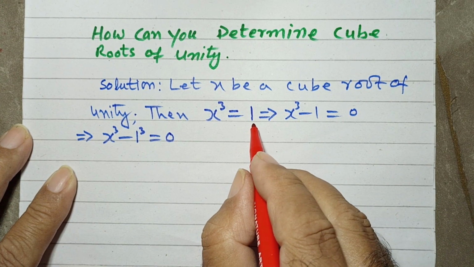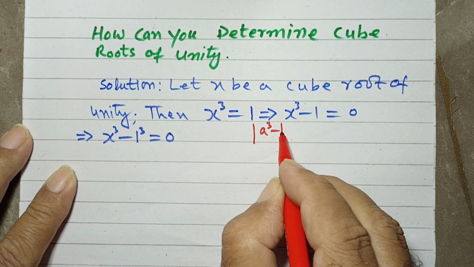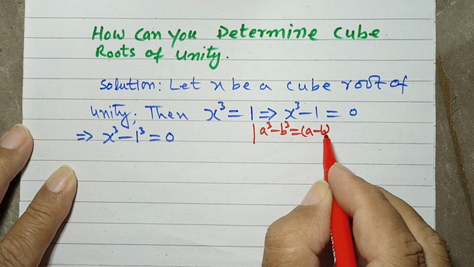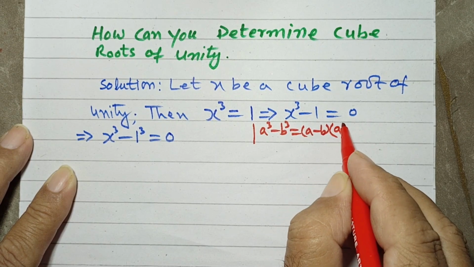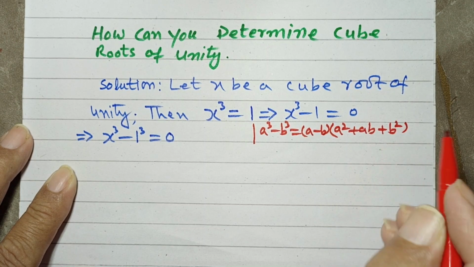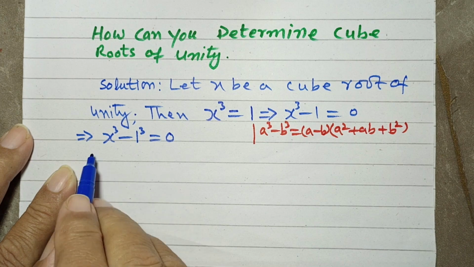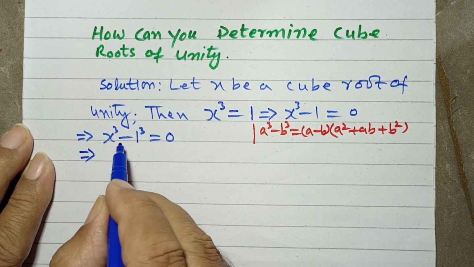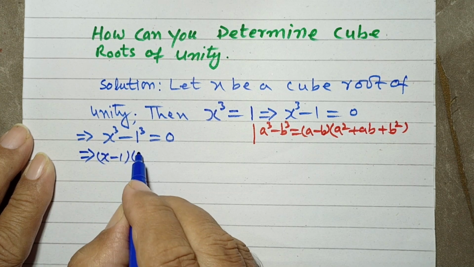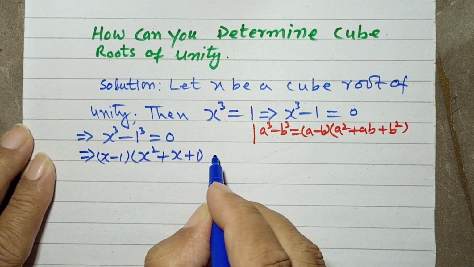Now we know that a cube minus b cube is equal to a minus b into a square plus ab plus b square. Therefore, this can be written as x minus 1 into x square plus x plus 1 is equal to 0.